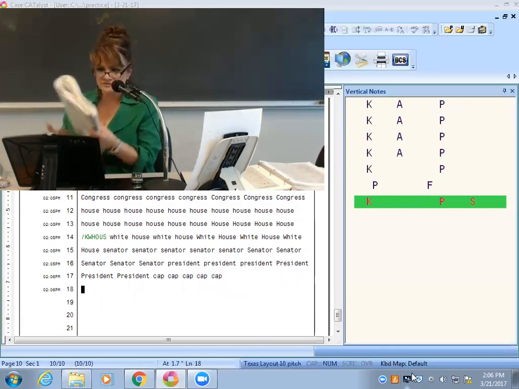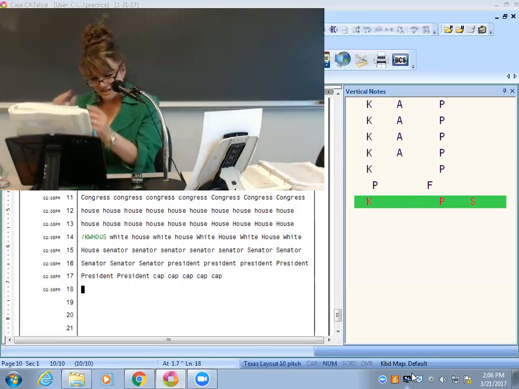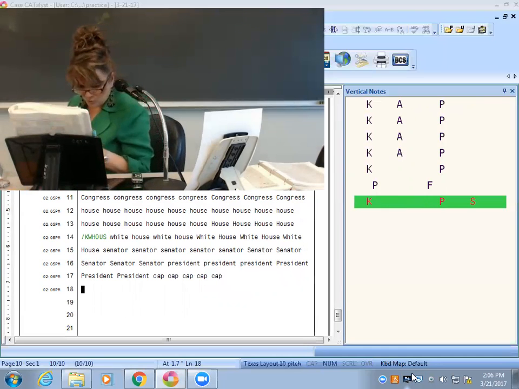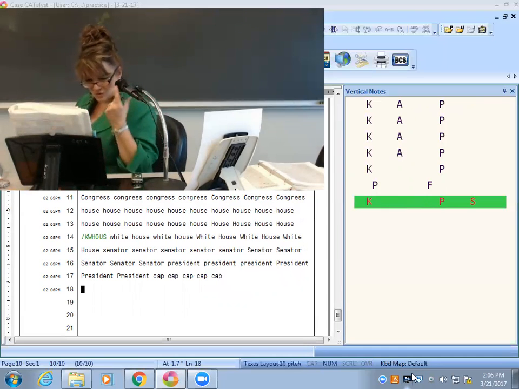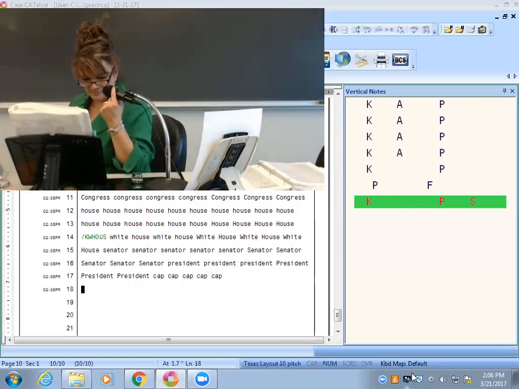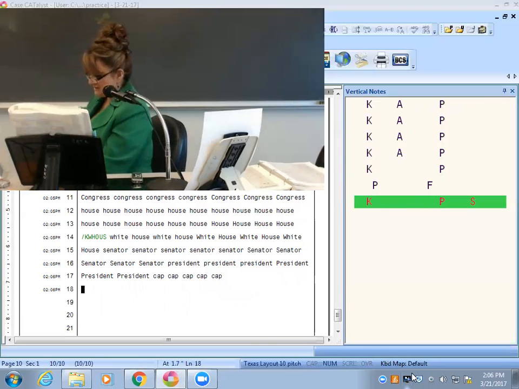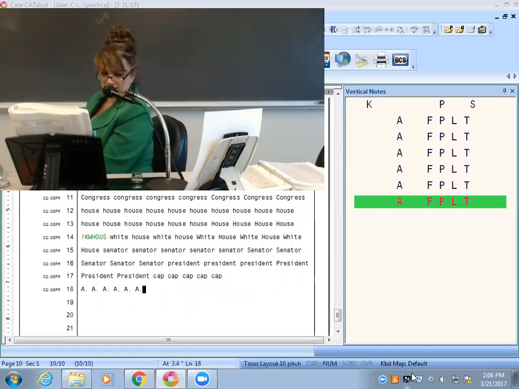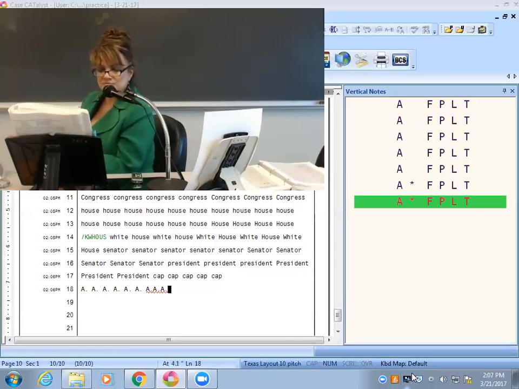And so acronyms, you all, real important, acronyms. When you want them to attach, so let's say you want a period, AFPLT is A with a period, right? FPLT represents the period in there. But let's say I wanted to attach it to something else, then you put the asterisk in and it'll put them closer together.